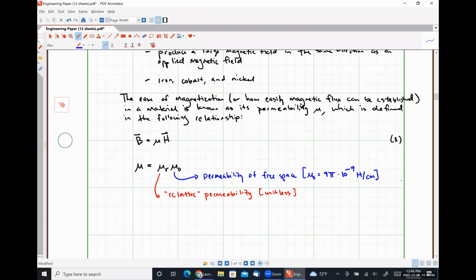So depending on the material, the value of mu can vary from some small fraction of mu naught to several thousands of mu naught.